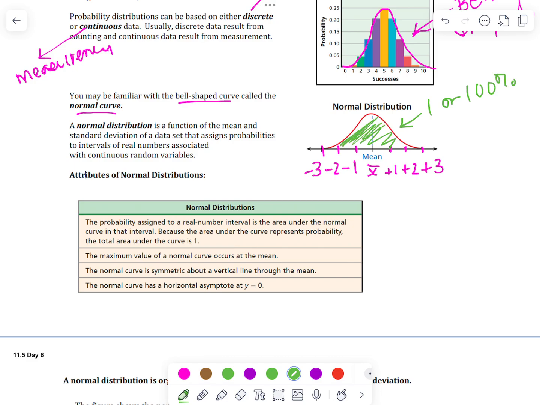So that's the area under the curve. The maximum value of a normal curve occurs at the mean. A normal curve is going to be symmetric about a vertical line through the mean, so that's that line of symmetry. And the normal curve has a horizontal asymptote at y equals 0.